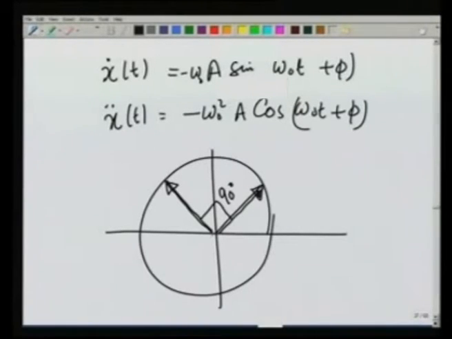And similarly, acceleration would be pointing in the direction opposite to the displacement, 90 degrees this way. You can work it out yourself and see it satisfies all the conditions, all the directions and magnitudes, correctly with this representation.